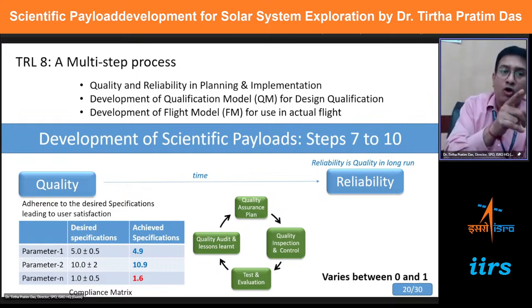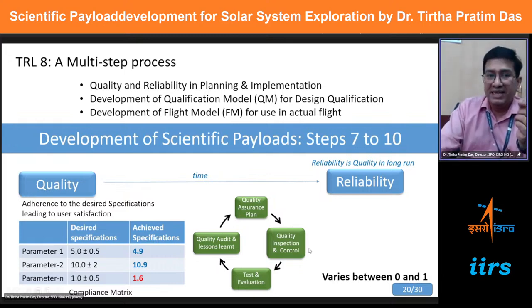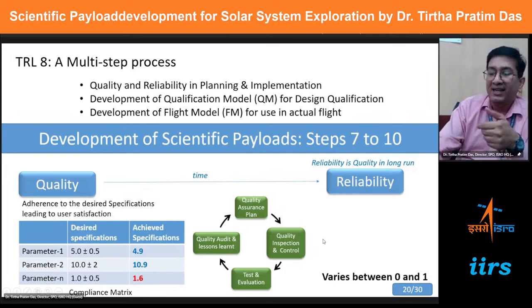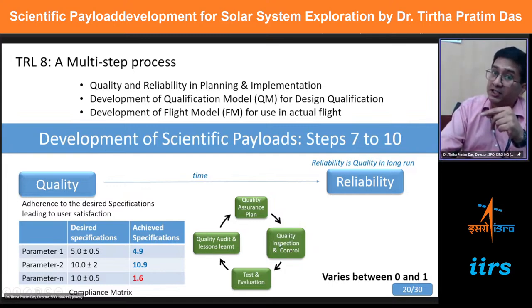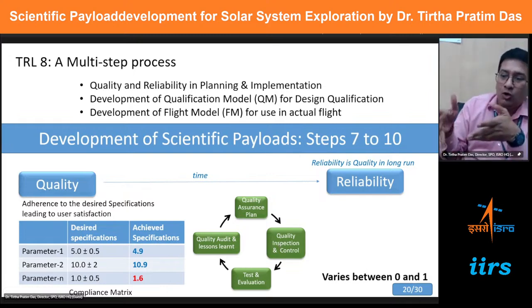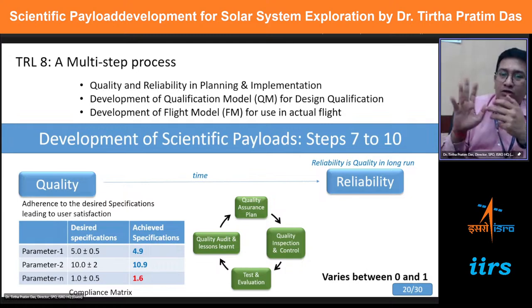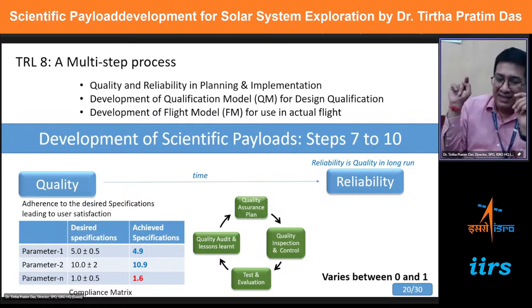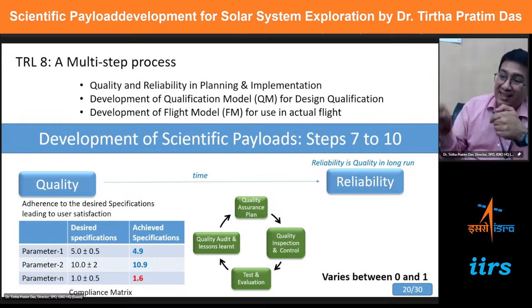And then you follow the document in every step of making the instrument. And while you make the instrument, you have a process called quality inspection and control. Somebody is sitting with you who does not care how good a scientist you are. He or she knows that at every step the specification should be this, and he or she checks. That is the online control of the quality.